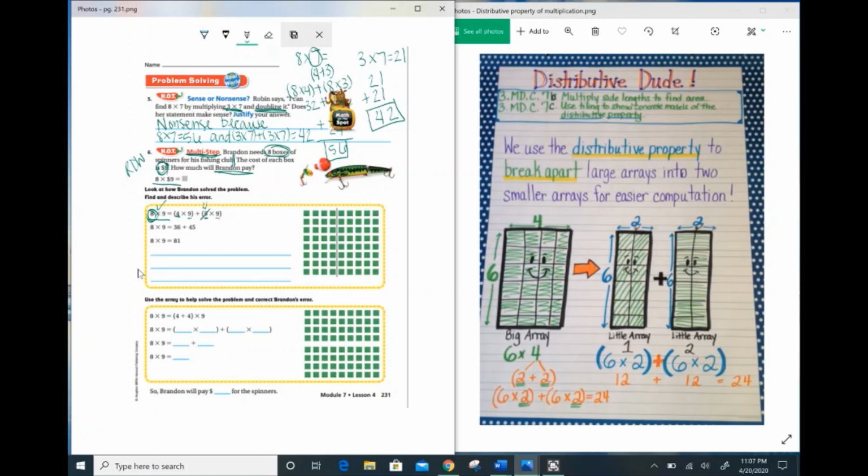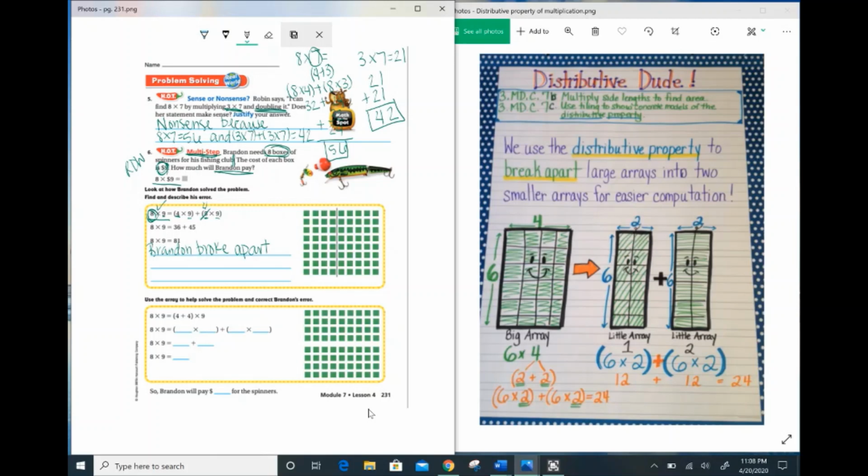So I'm going to go ahead and write that there. So Brandon broke apart the 9.